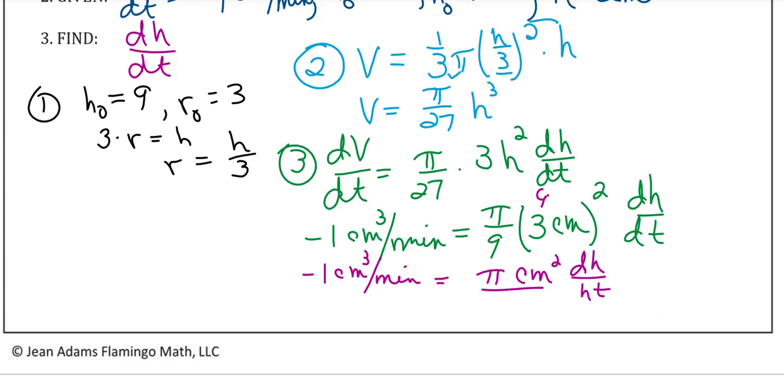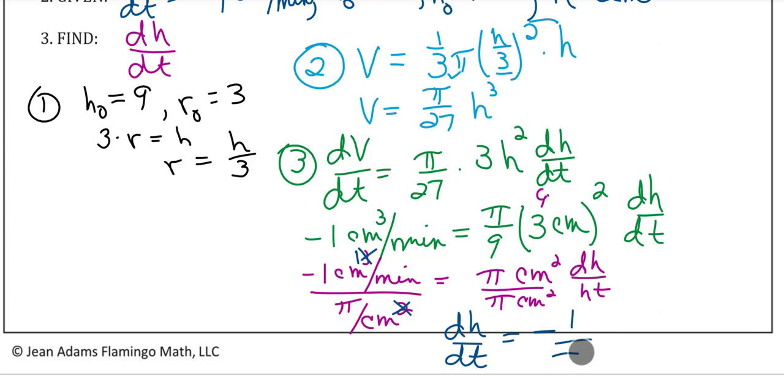So dividing both sides by that pi centimeters squared, we get a final answer of, and if you notice here, centimeters cubed becomes centimeters the first. This is gone, so I have the rate I want. So my dh dt becomes -1 over pi centimeters per minute.